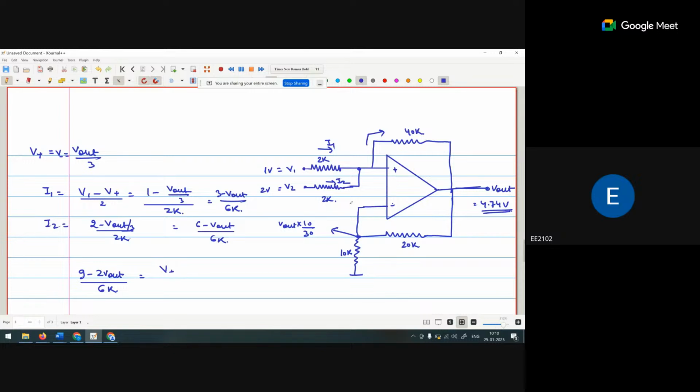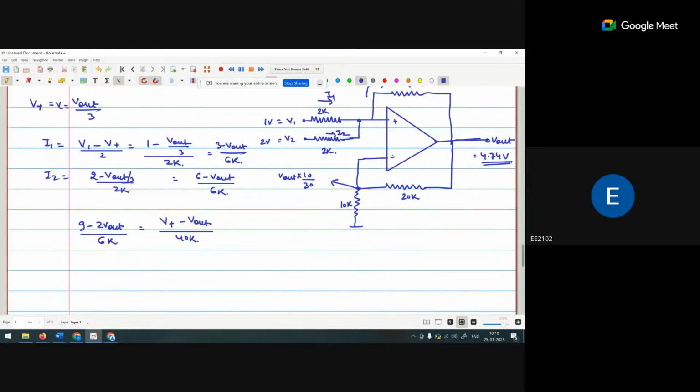So it is V plus minus V out upon 40K. And 9 minus 2 V out upon 6K is equal to V out by 3 minus V out upon 40K.